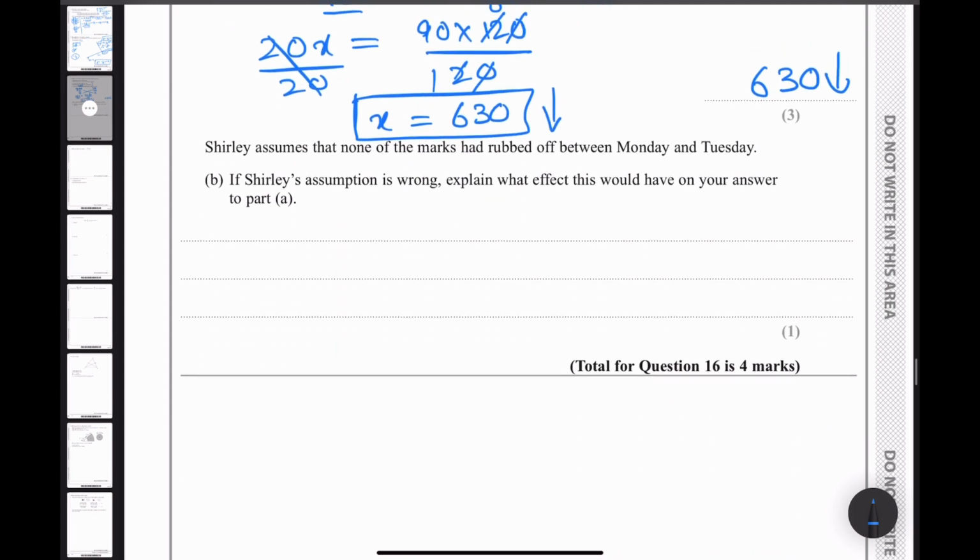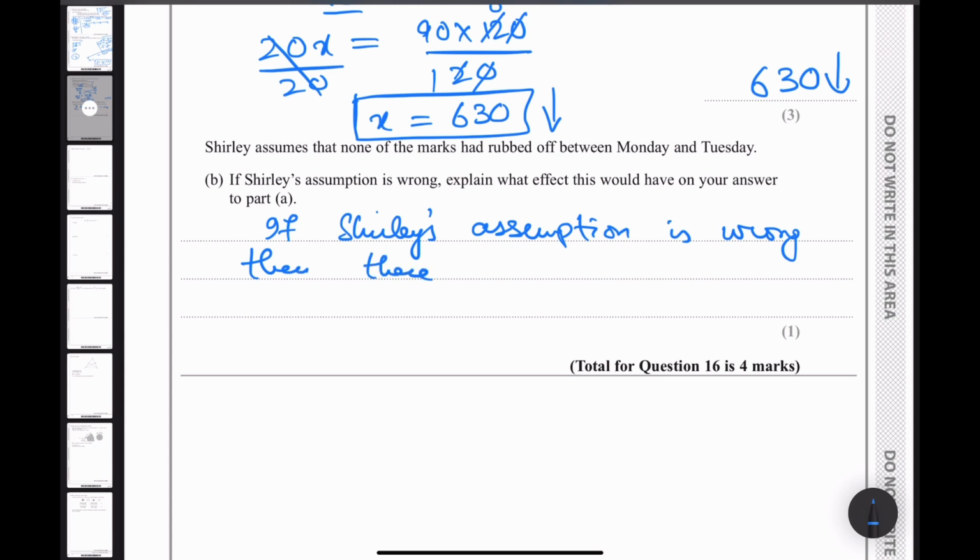So we will write: if Shirley's assumption is wrong, then there would be less bees than estimated.